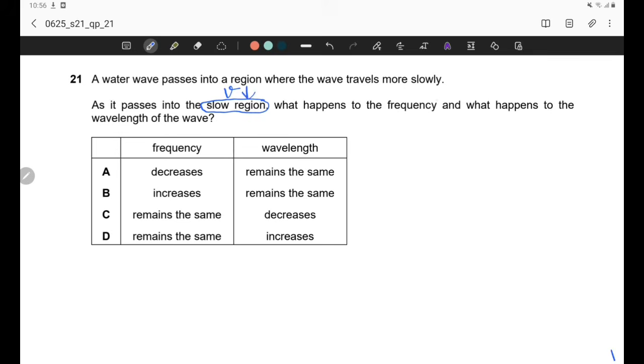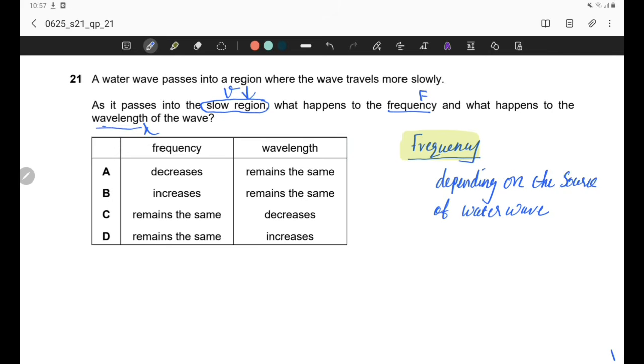What happens to the frequency and what happens to the wavelength? First we can think about frequency. We need to know that for a water wave, frequency is decided by the source which produces the wave. That means how many waves the source produces in 1 second is the frequency, which depends only on the source.